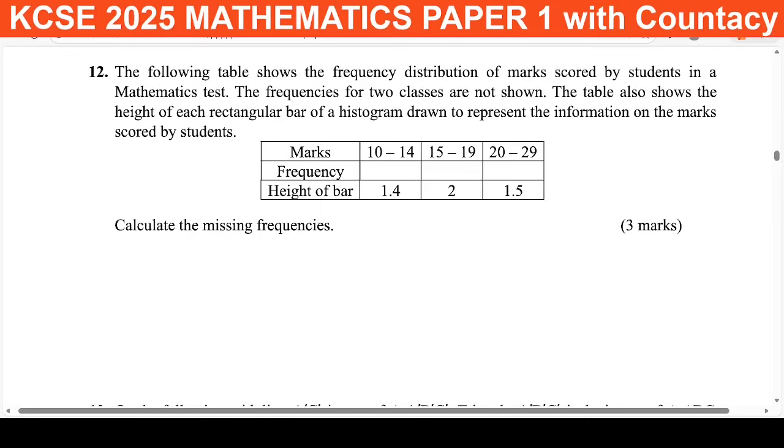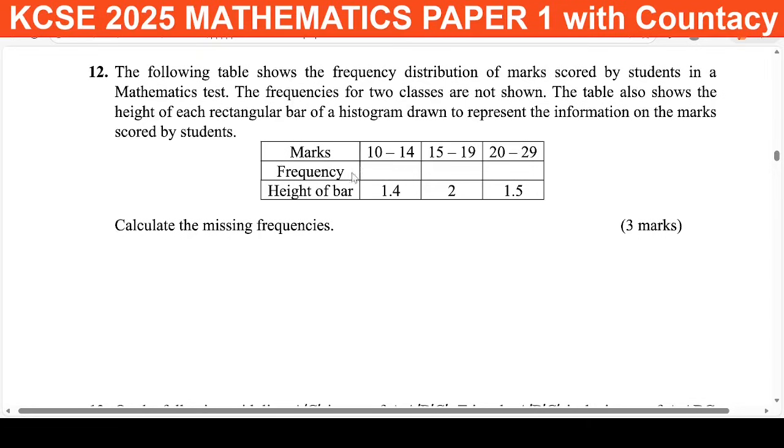We are told that the table also shows the height of each rectangular bar of a histogram drawn to represent the information on the marks scored by students. You are told to calculate the missing frequencies. We have the height of the bar, and we have the marks.